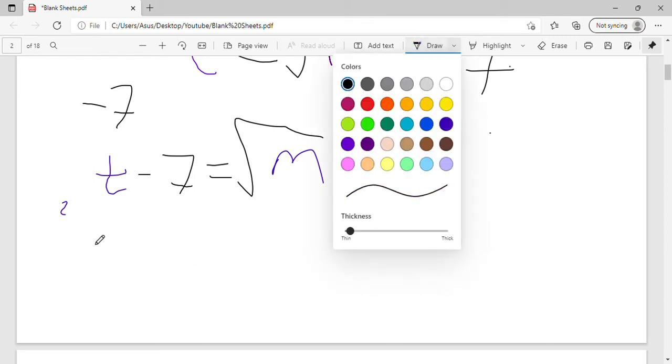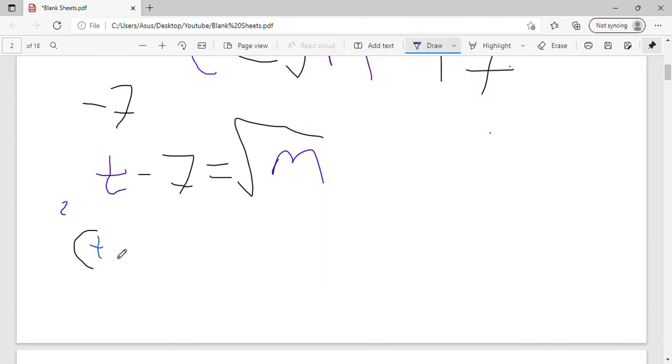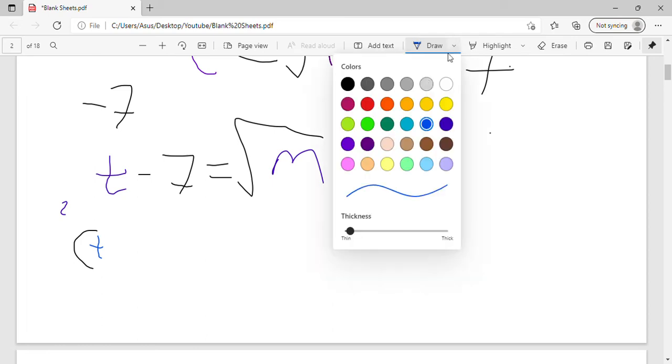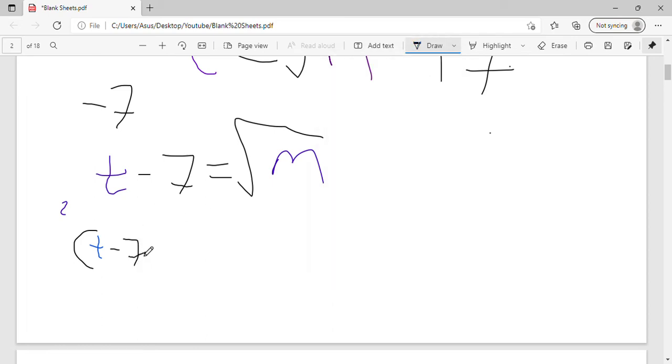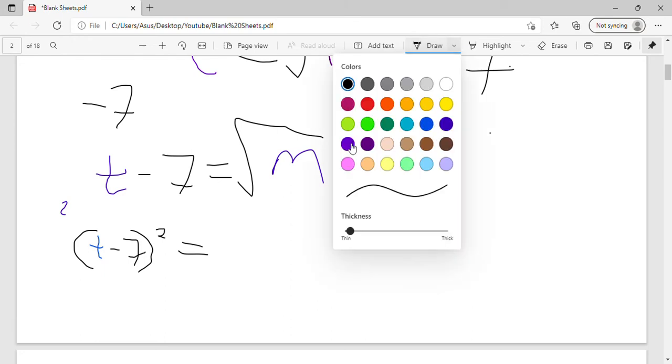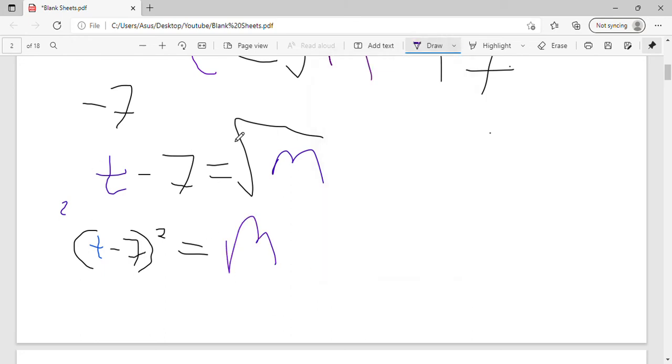So, then we get T minus 7 in brackets, and then we get that squared. Alright, and then that will leave us with M on its own. We've made M all on its own over here, and that's what we wanted. Okay, so that's correct.